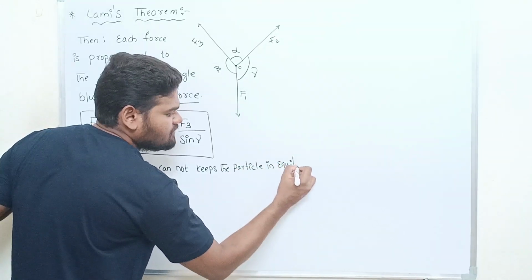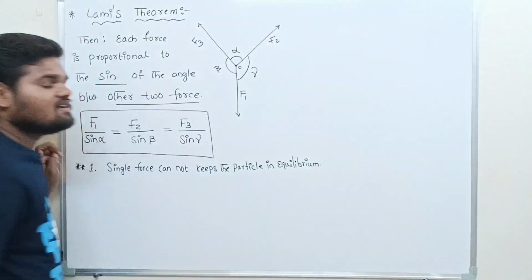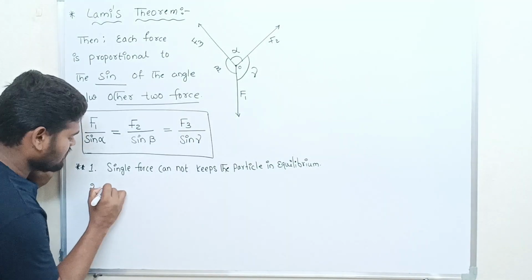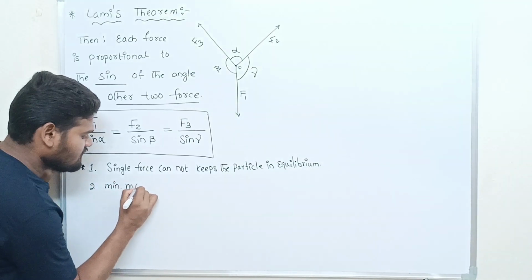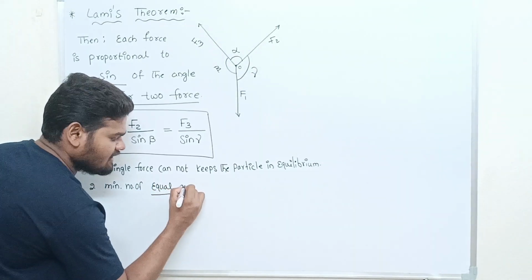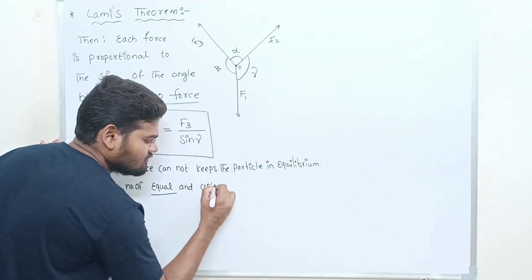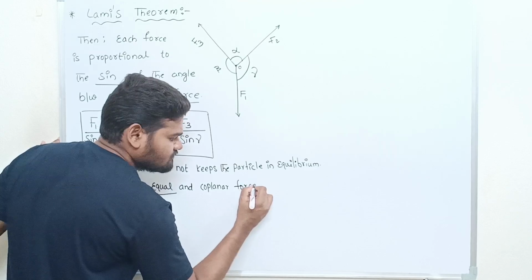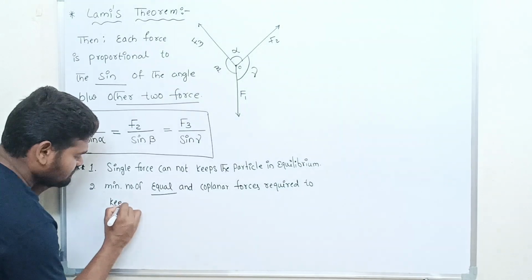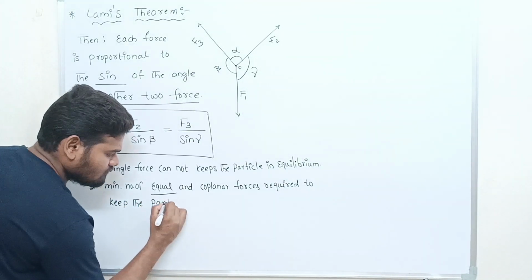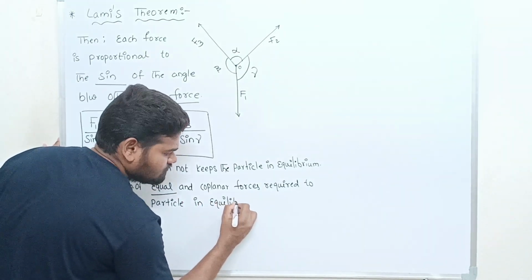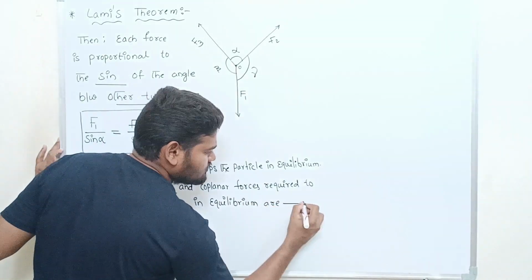Second point: the minimum number of equal and coplanar forces required to keep the particle in equilibrium is two.